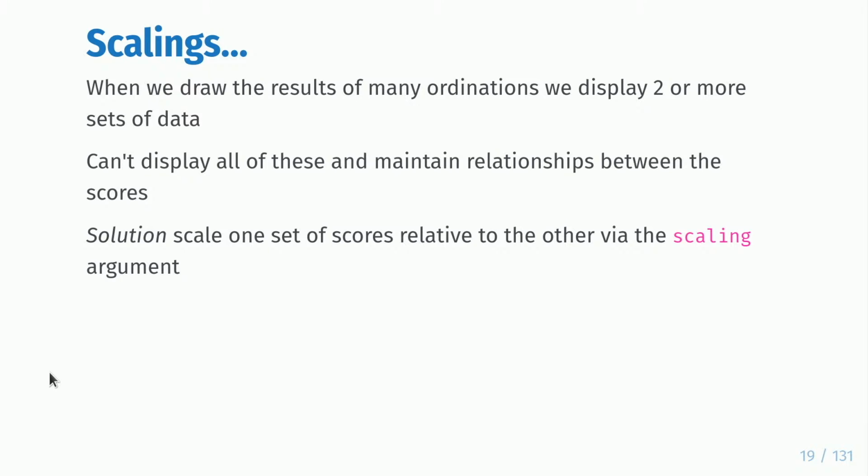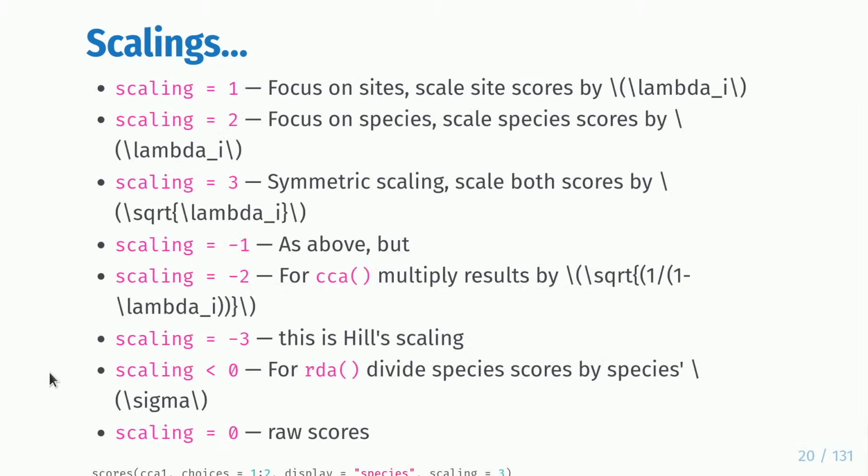And usually it's a choice between whether you want to focus on the sites or you want to focus on the species. Do you want to focus on the observations and how similar the observations are in terms of their species composition, or whether you're more interested in the relationships between the response variables, the species, and the correlations between them. Okay, and the way we specify that in vegan is using the scaling argument.